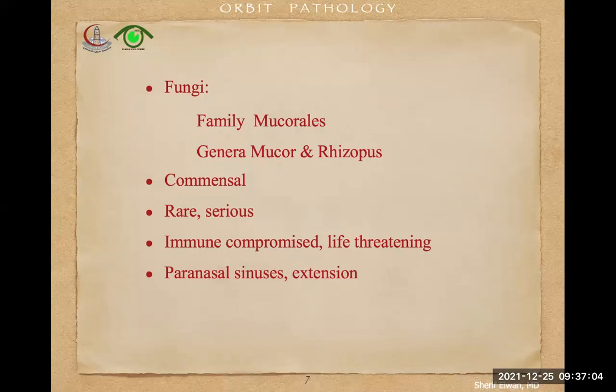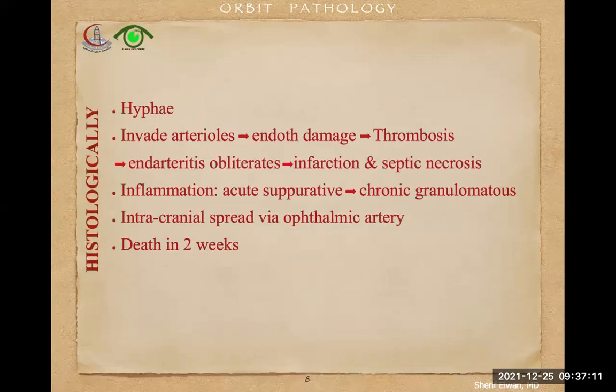It is a life-threatening condition, you'll see why, and it extends from the paranasal sinuses. There is growth of fungi, and fungi here have a hyphal growth, and the septate variety of hyphae is not represented here. The hyphae of the Mucorales family are non-septate.